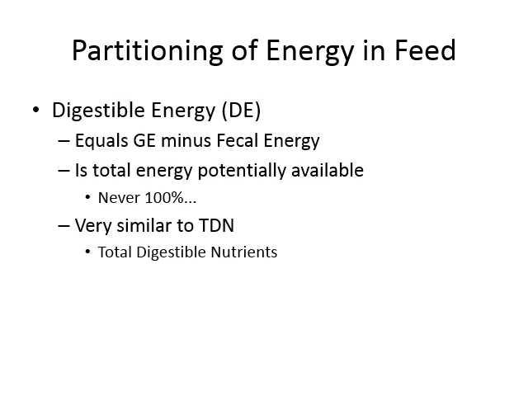So the difference between what went in as gross energy, minus the fecal energy, is called digestible energy. This is the energy that's potentially available to the animal, and we know that not all of that will be available. We lose efficiency at each step.